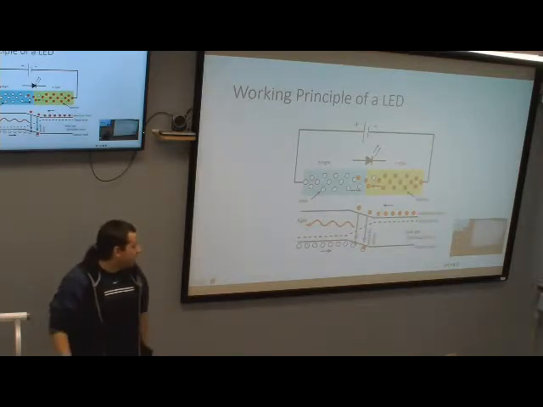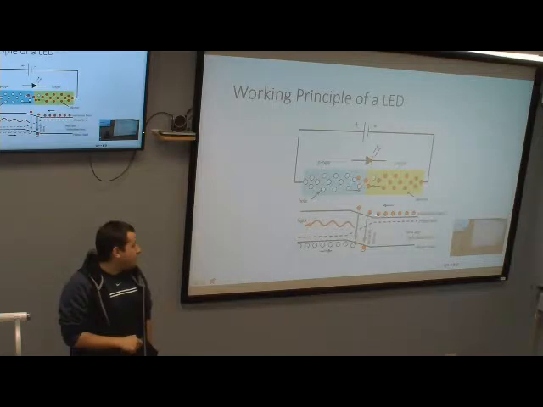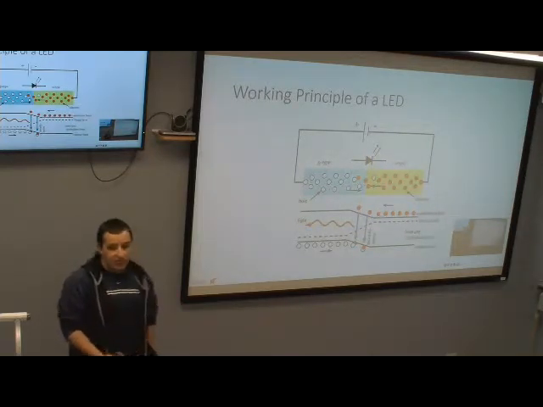Okay. So, for the most part, the beginning of the mechanism is almost similar to the photovoltaics, where the material gets excited and the electrons flow from the valence band up to the conduction band. But the difference between the two and an LED is when it relaxes. If you remember from earlier, the conduction band is the LUMO, the lowest unoccupied molecular orbital. The electrons don't really hang out there.